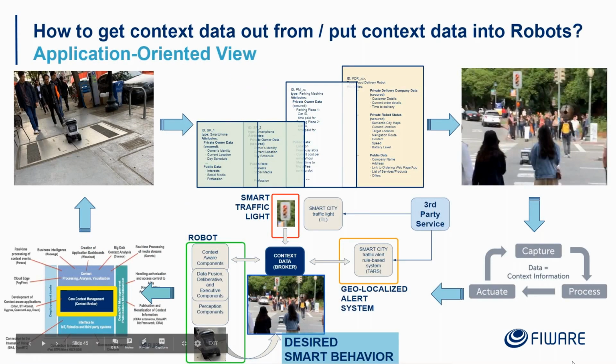So, in summary, what we have seen today: how to get context data out from or put context data into a robot. This slide summarizes your application-oriented view. You have a picture of the real world, translated into a set of context entities, and your goal is to make a smart decision within these real-life situations.